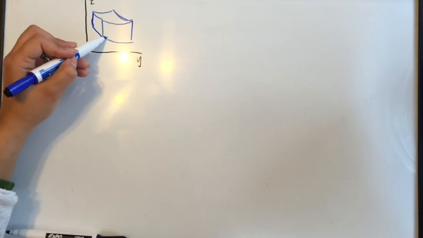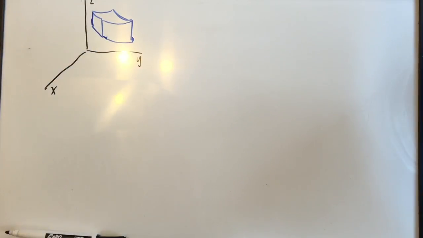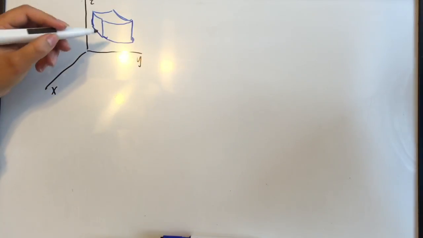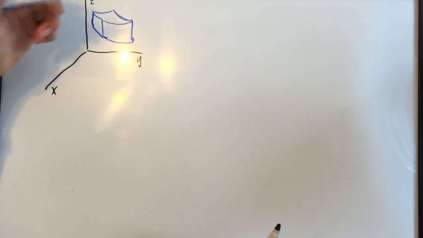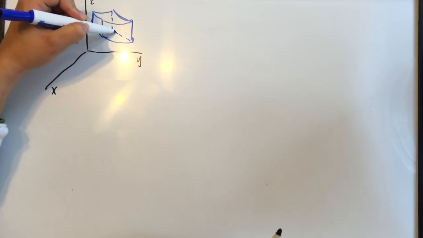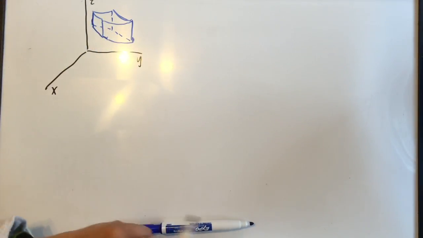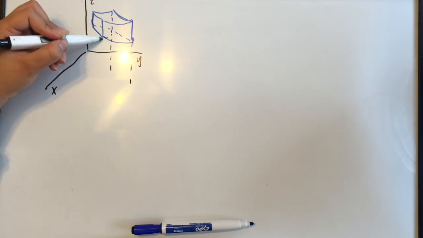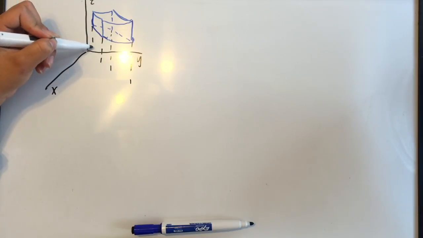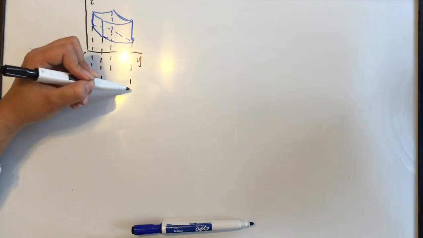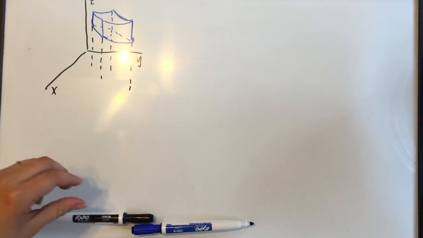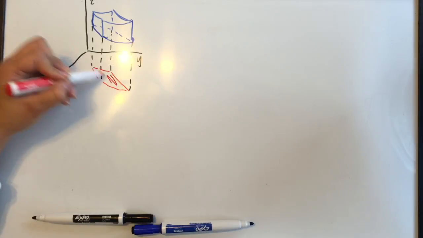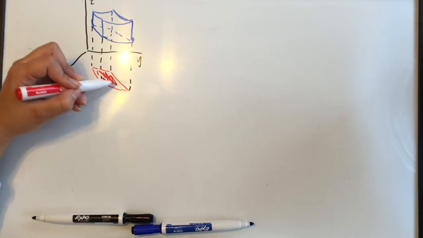Okay, so we have this region, right? And we're going to call this region E. It makes a projection, and we're going to make this projection here. So D says it makes this projection D.